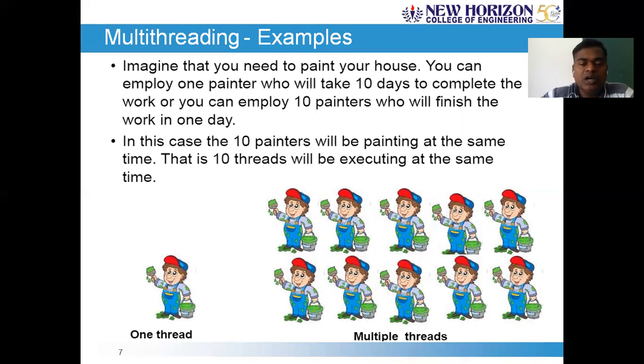Let's take another real-time example. If you wish to paint a particular wall, and if it takes one painter 10 days, then similarly, if you hire 10 painters, you can complete the job in one day.